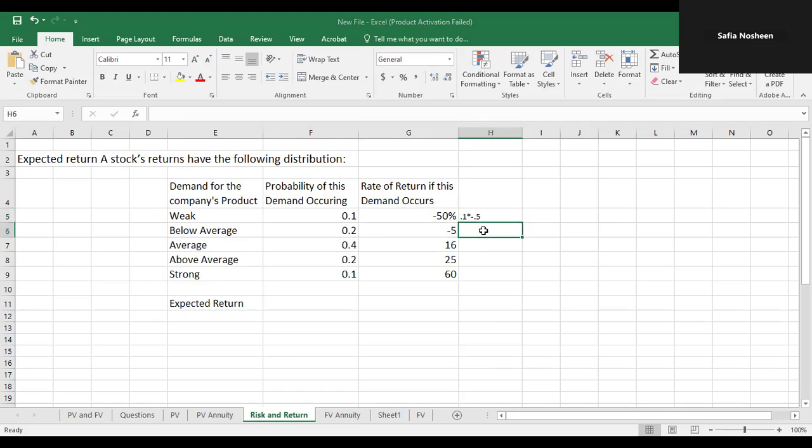For the next row, 20% probability is multiplied with minus 5%. The next is 0.4 multiplied with 0.16.